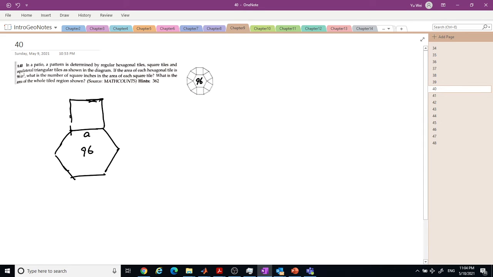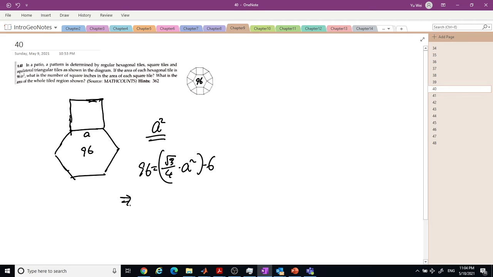So it's important to calculate the a, right? We know the area of the square is a squared, and we also know 96 is √3/4 times a squared, times 6.